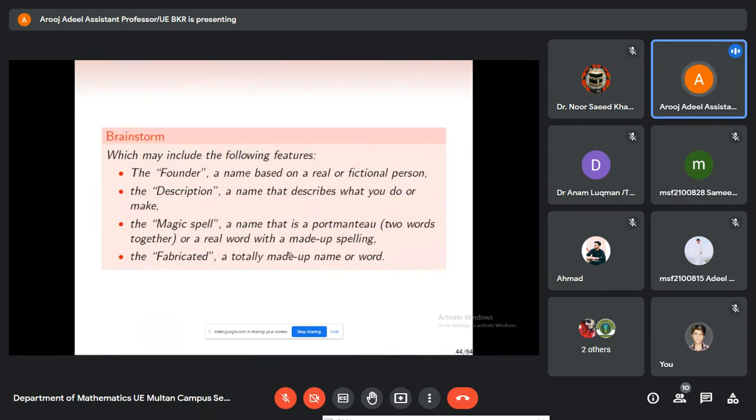Similarly, the next criterion, brainstorm, is classified into 4 different characteristics, which are founder, description, magic spell, and fabricated, where founder means a name based on a real or fictional person, and similarly all these descriptions of the criteria are given in this slide.